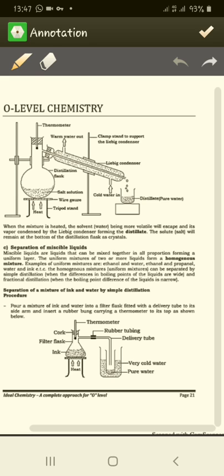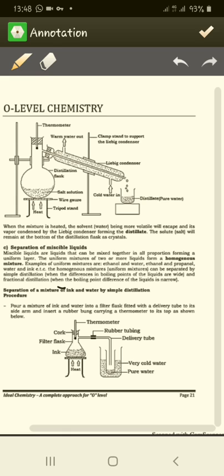But once the liquids have close boiling points, when the boiling points are different but they are narrow, there we use fractional distillation. And we shall see the difference between fractional distillation and simple distillation.